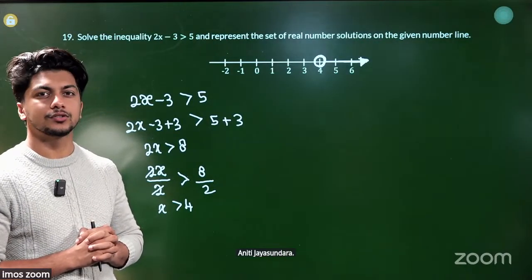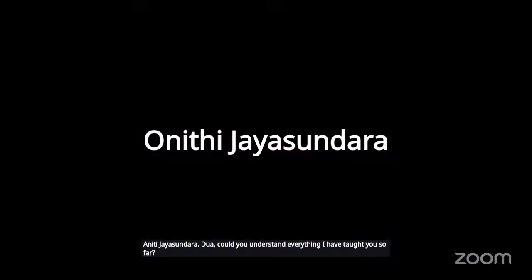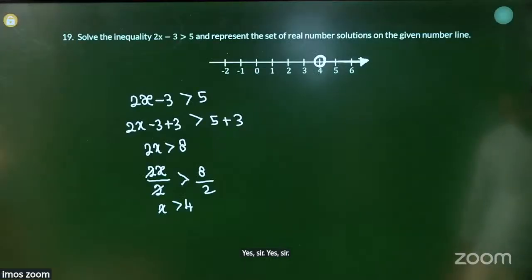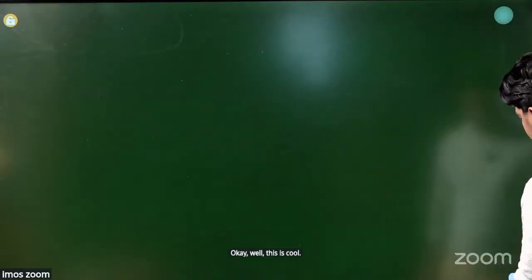Could you understand everything I have taught you so far? Yes, sir. Okay, so you're a new student? Yes, sir. Where are you from? From Colombo. What's your school? Ananda Balika, Maradana. What about the term test?